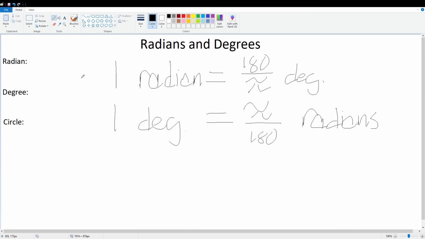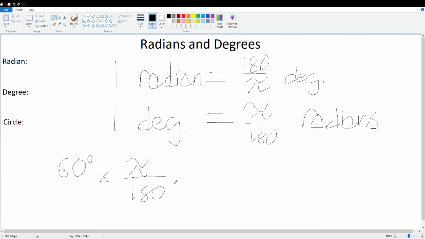First up, we'll start with 60 degrees, and we're going to convert this into radians. Since we're converting 60 degrees into radians, we're going to multiply 60 by pi over 180. That's a multiplication symbol, not a variable.